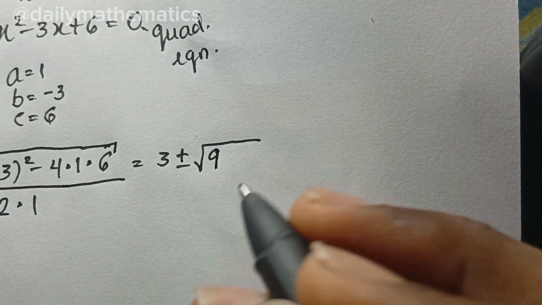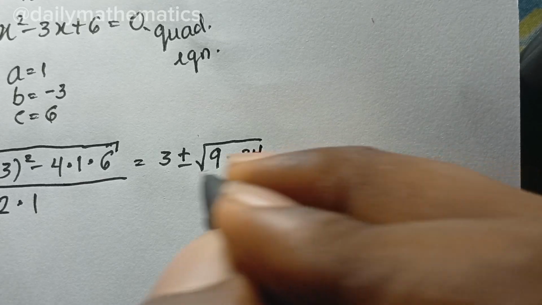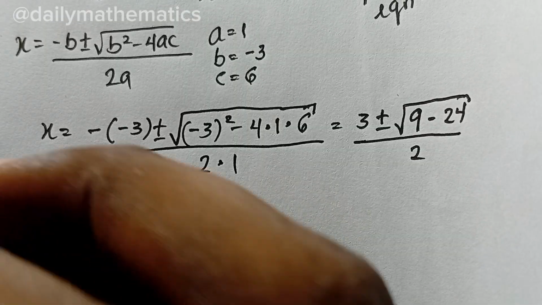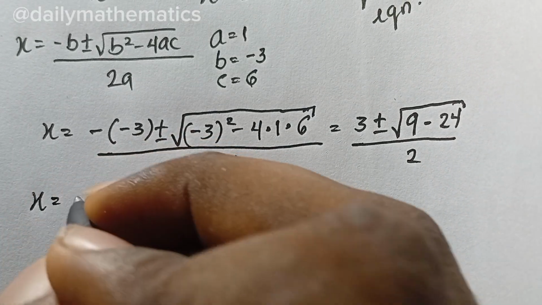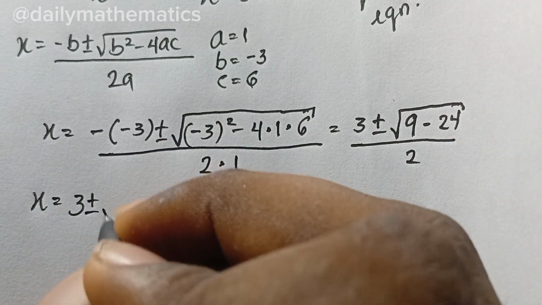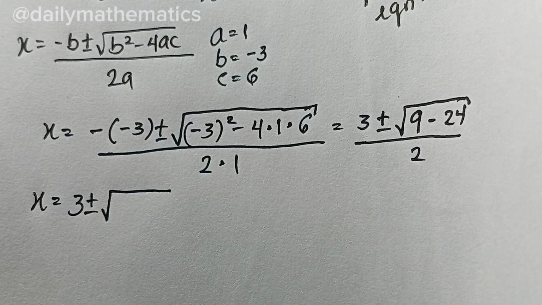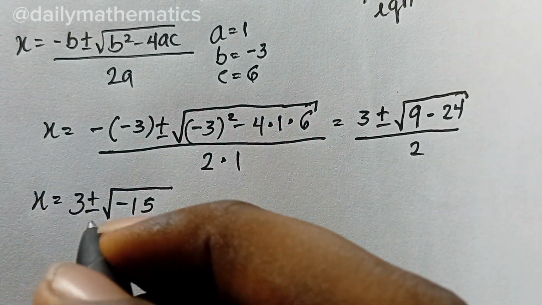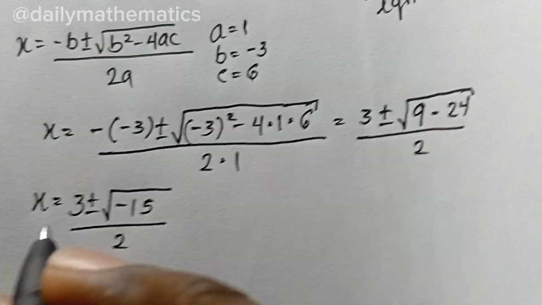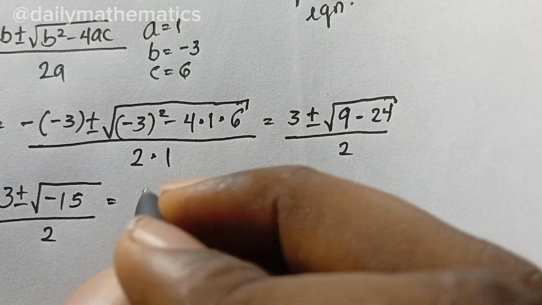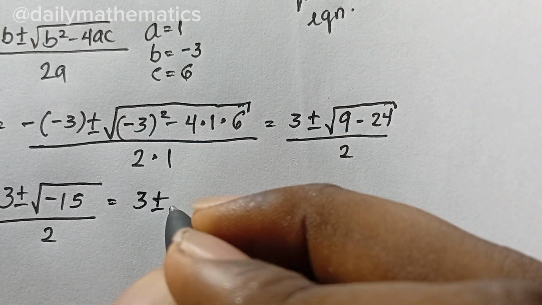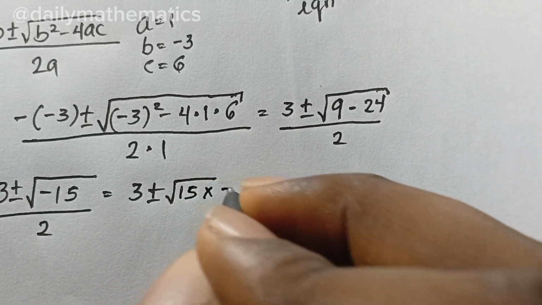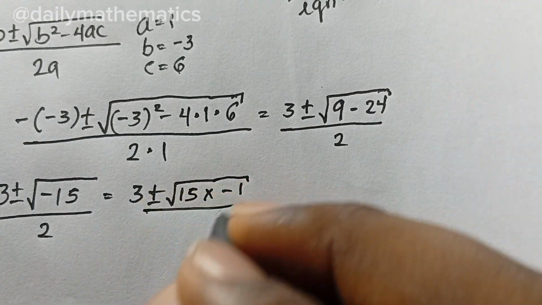Then we have minus 4 times 1 times 6, that's minus 24, over 2. Alright, so from here we have x equals 3 plus or minus square root of 9 minus 24, that will give us minus 15, and then we have over 2.